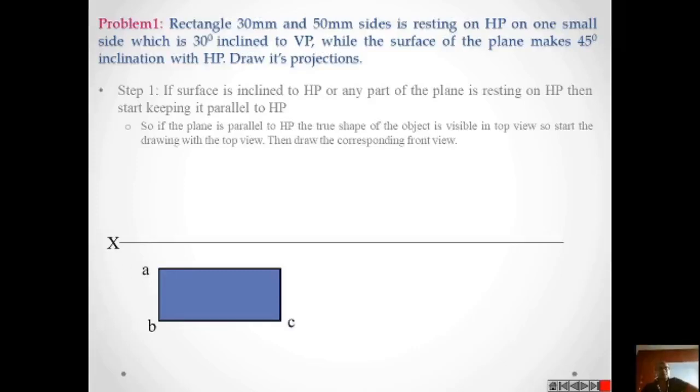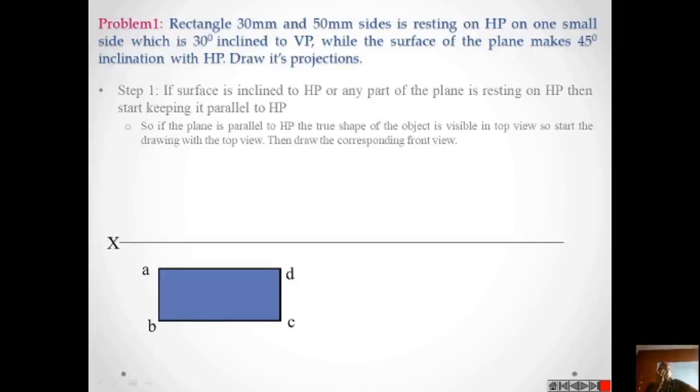Here, the true shape is a rectangle with dimensions 30 mm and 50 mm. Now, which side should be perpendicular to xy? In this question, the rectangular plane is resting on HP on one small side, so the small side should be perpendicular to xy.